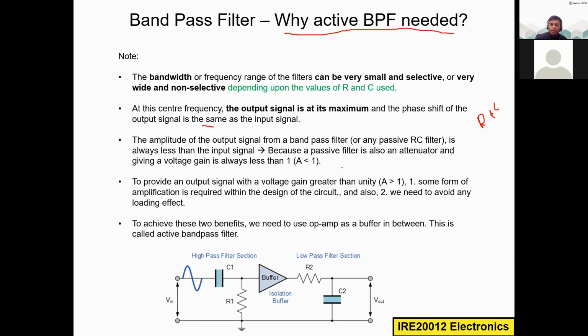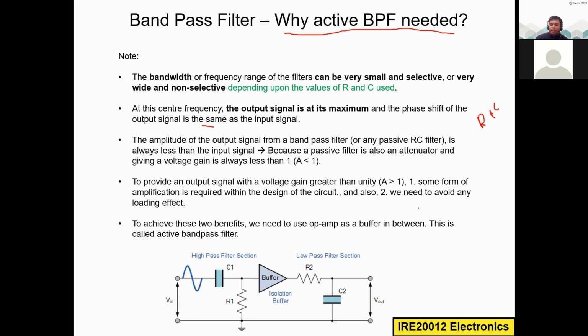Using such an amplification device gives two advantages. The first one is you can increase the input level at the output. If you send 10 volt, you may get 15 volt or 20 volt, depending upon the gain of this component.